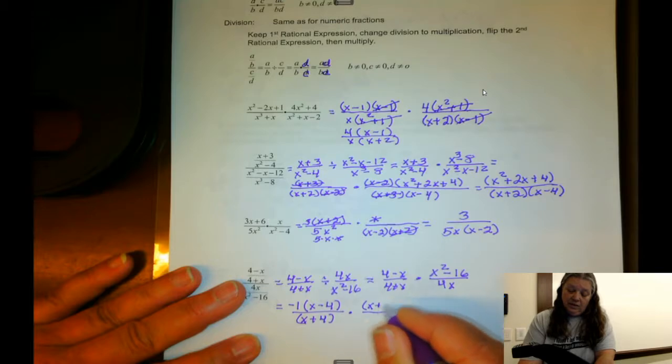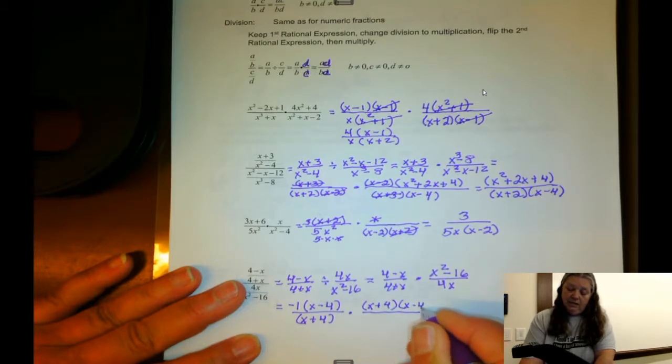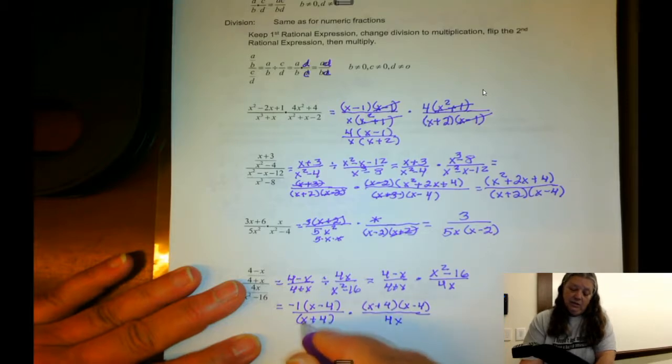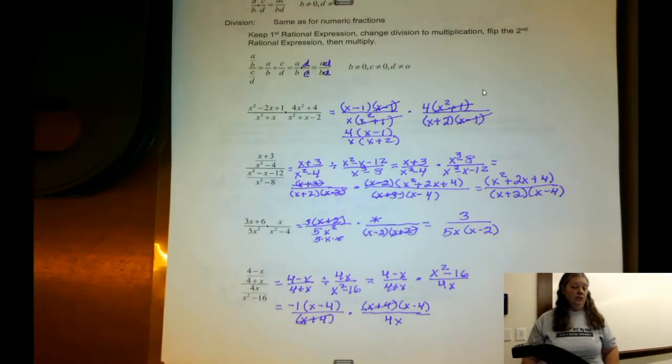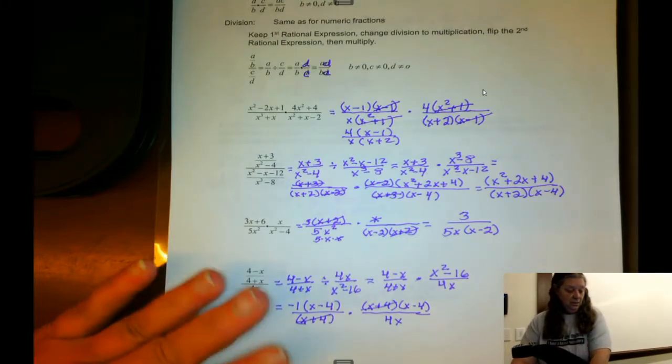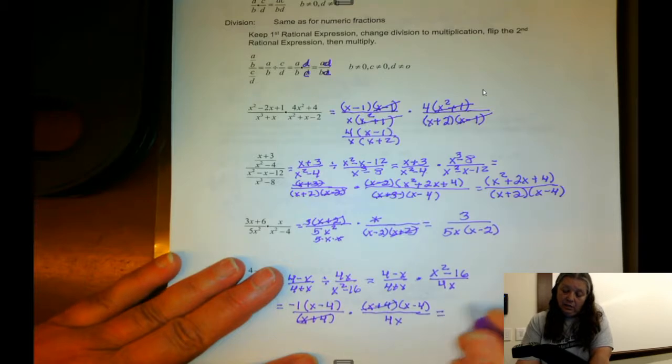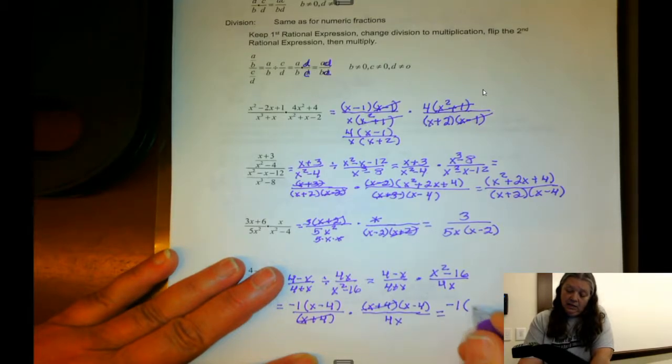So we have x plus 4, x minus 4, and the 4x. So the x plus 4 cancels, and we're left with negative 1 times x minus 4 quantity squared over 4x.